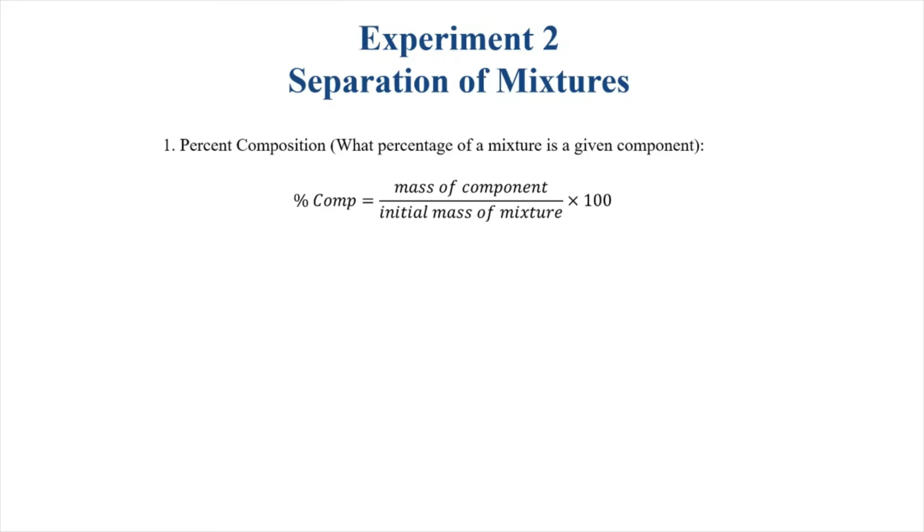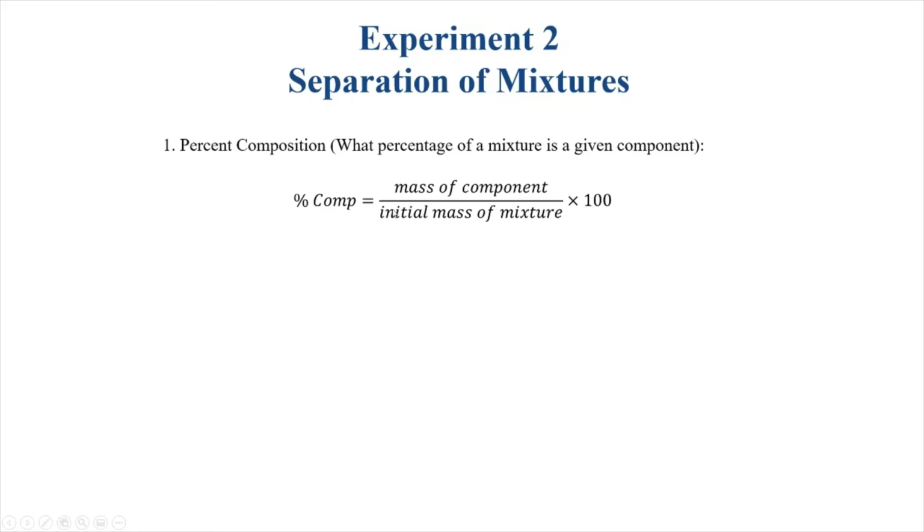Qualitative means that you are giving it a quality perspective, but not necessarily a quantitative perspective. So if we want to quantify the amounts of something in a mixture, we use percent composition. And that is defined as the percentage of a component within a mixture.